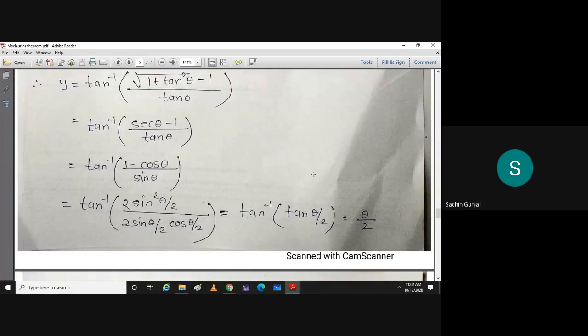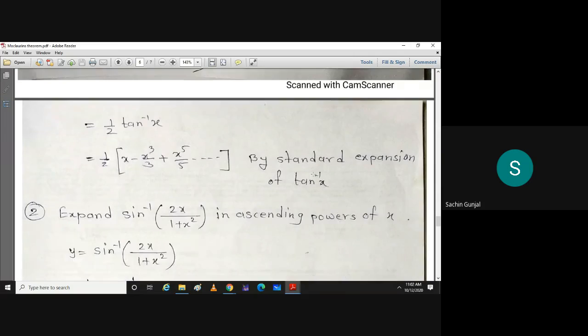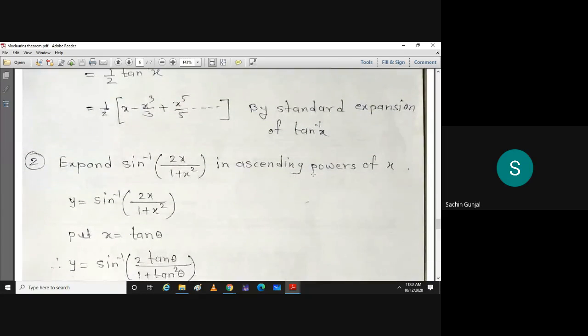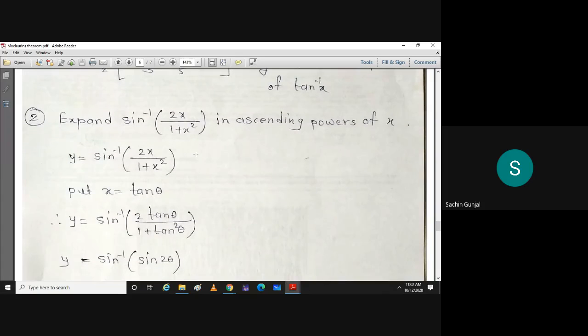Finished? Yes, sir. Okay. So I think we should go ahead. Second is on similar lines. Expand sine inverse 2x upon 1 plus x square in ascending powers of x.